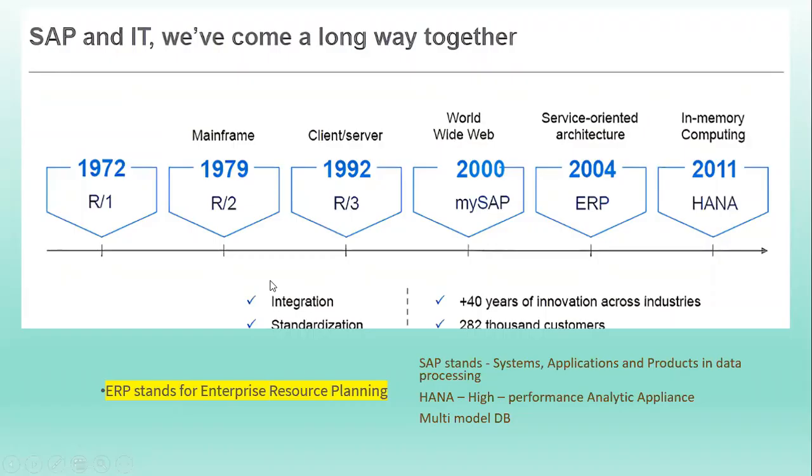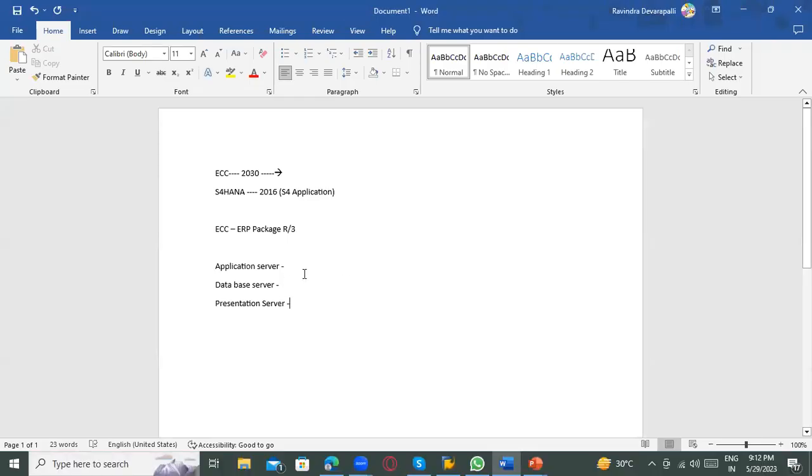Then in 1979, the mainframe tried to start R2, two-tier, because with everything in a single system, it was taking a long time to process. If I wanted to create a sales order, it would take 20, 30, even 50 minutes, because when a few people use the same system and application, it is very slow.